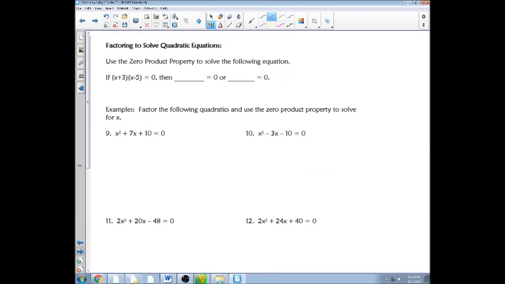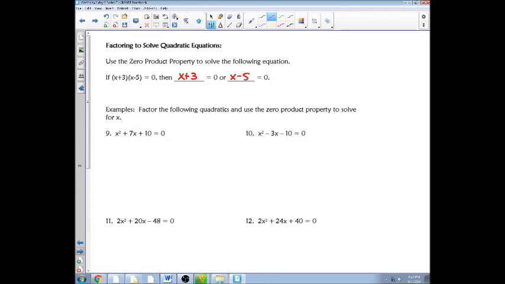On to the back. This is factoring to solve quadratic equations. We're going to use what's called the zero product property to solve the following equation. If I have two sets of parentheses, x plus 3 times x minus 5 equals 0, what that means is I can then say x plus 3 equals 0 and x minus 5 equals 0.